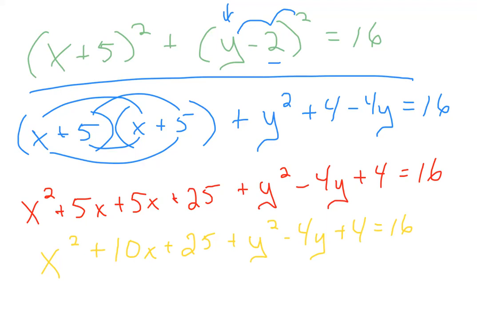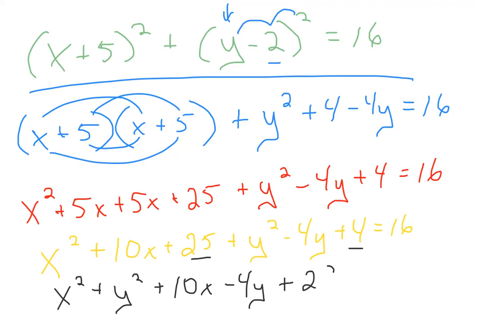So now I've got to put it in order. That's x squared plus y squared plus 10x minus 4y. I need to combine some terms. Oh, but it's supposed to equal 0. So now I've got to subtract 16 off from both sides.